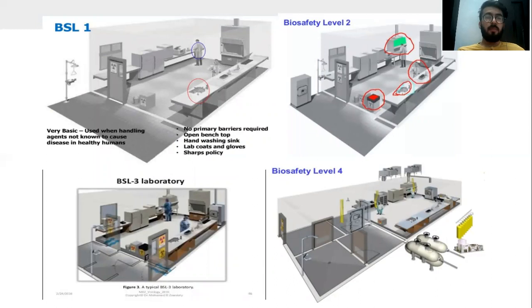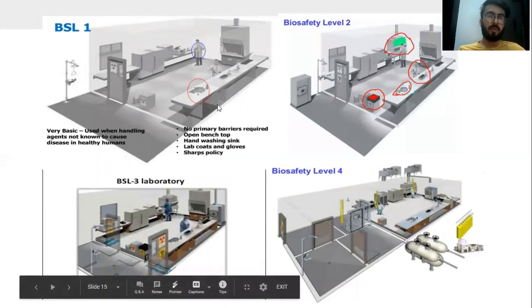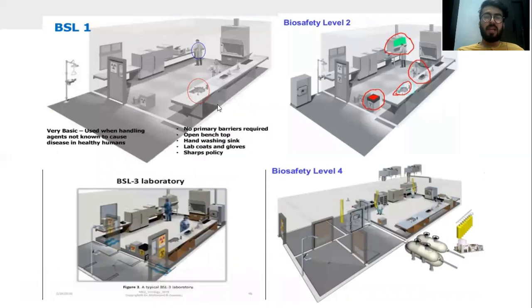Now here are some pictures of BSL-1, BSL-2, BSL-3 and BSL-4. These depict some kind of differences. Like in BSL-1, all work can be performed on open benches. Now in BSL-2, there are some decontamination equipment like autoclave and incinerators to decontaminate the infectious materials.